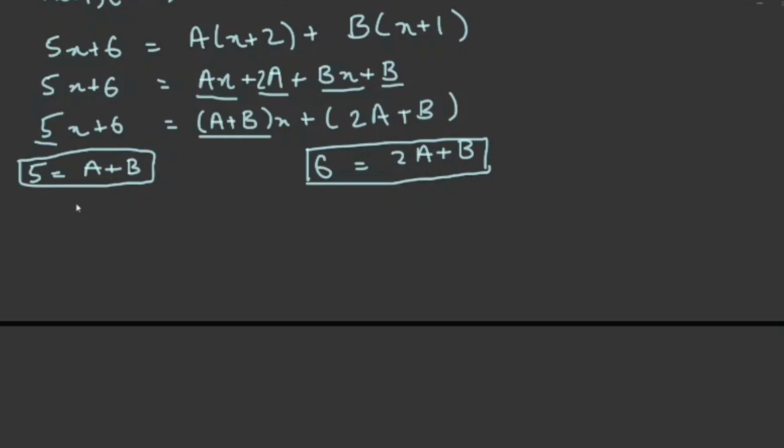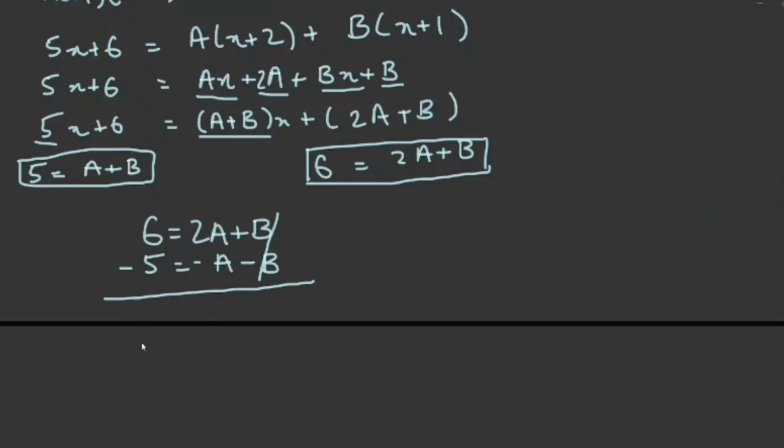So what we would do is take 6 equals 2A plus B, and we would subtract this equation from that. So we would write minus A minus B. Now our B would cancel off, and we would get 1 here, and we would get A here.